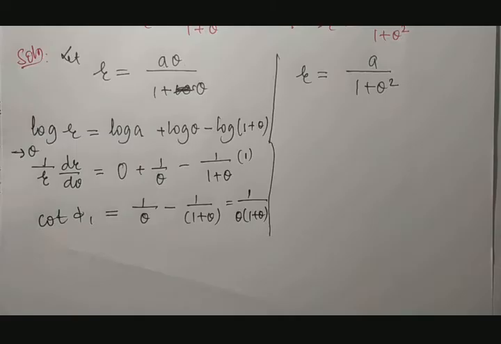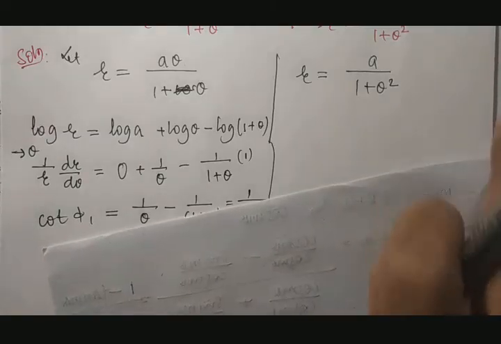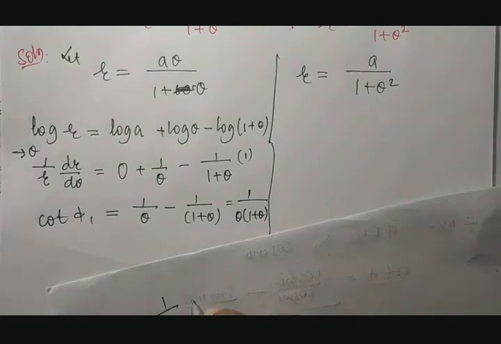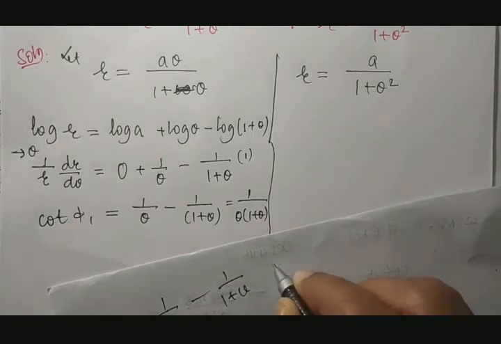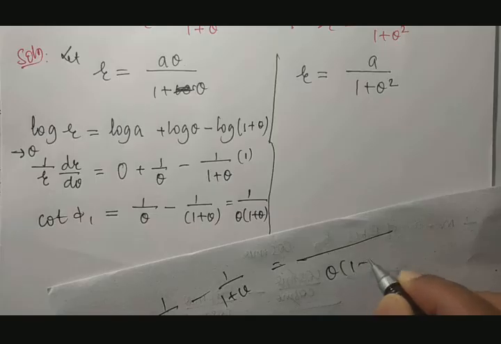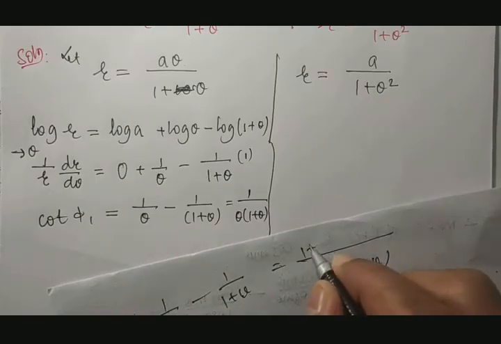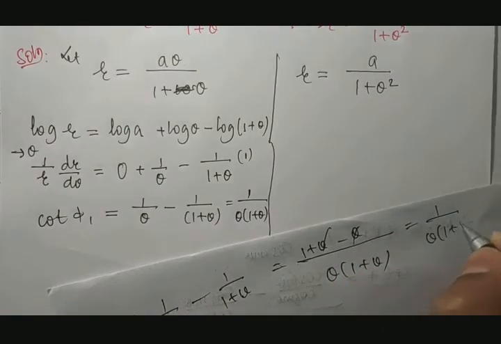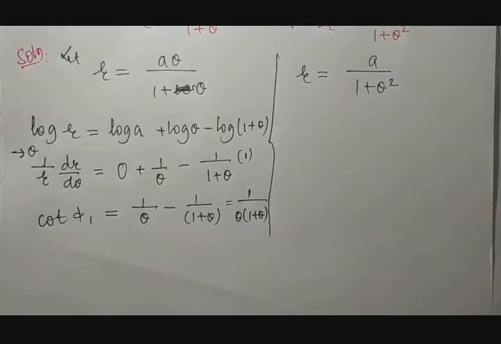Let us check this result: 1 by theta minus 1 divided by 1 plus theta. Taking the LCM, theta into 1 plus theta, the numerator is 1 plus theta minus theta, which cancels, so 1 divided by theta into 1 plus theta. Therefore, this is the value of cot phi.